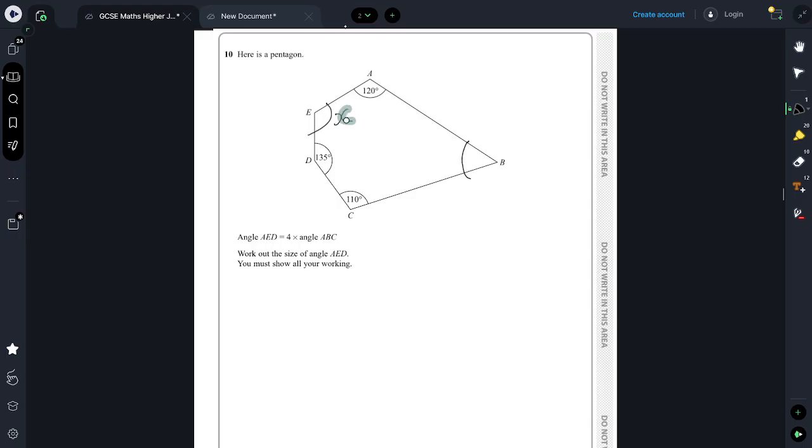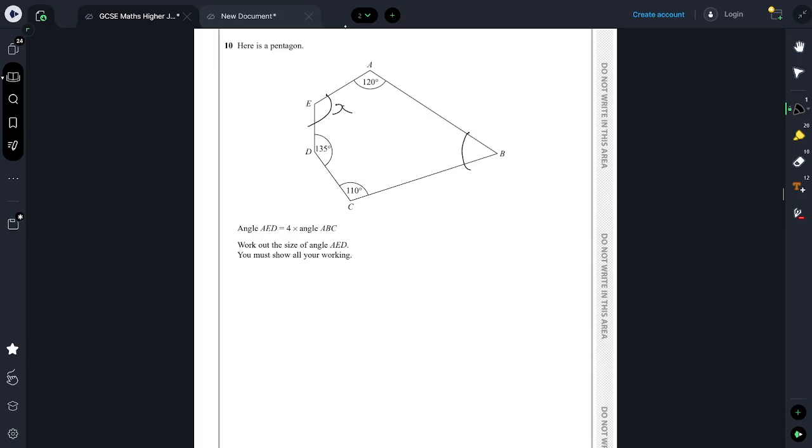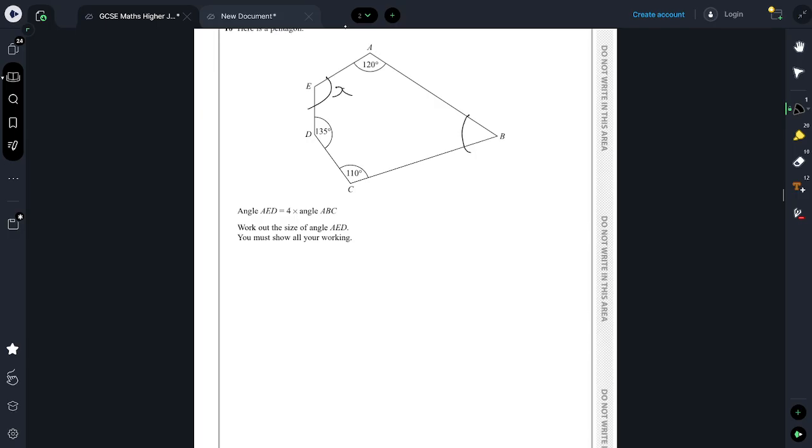So I think it's best, no, call that X. So angle AED, which is this angle here, is X. Then this angle, ABC, if it's 4 times ABC, that means ABC has to be a quarter of AED. So that's how we represent it.